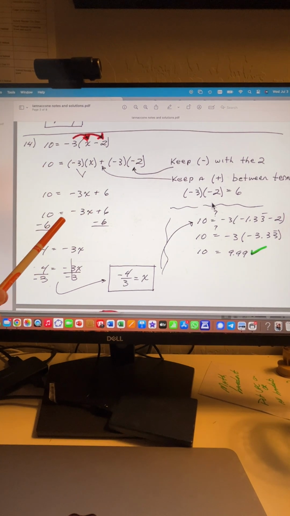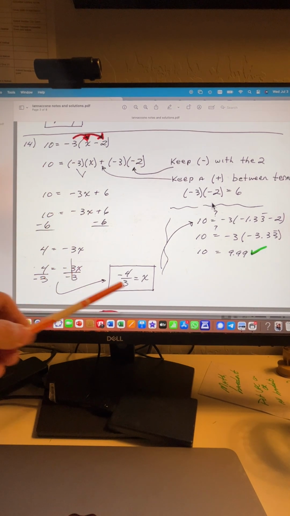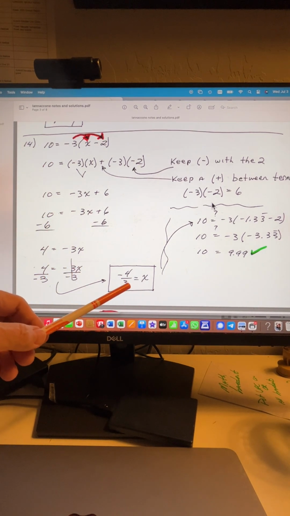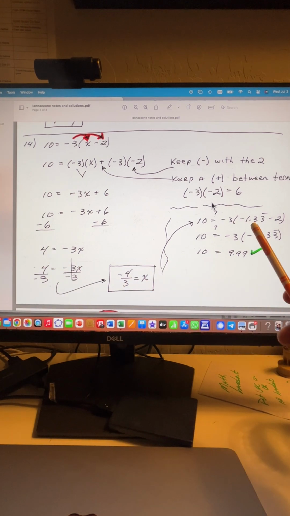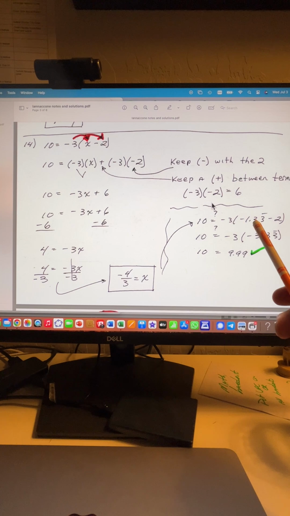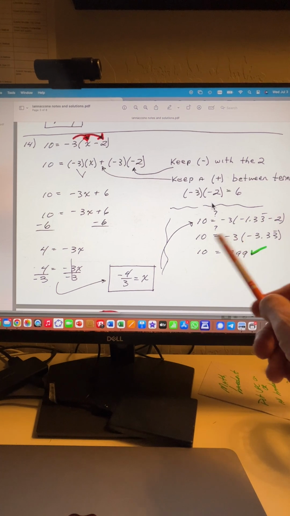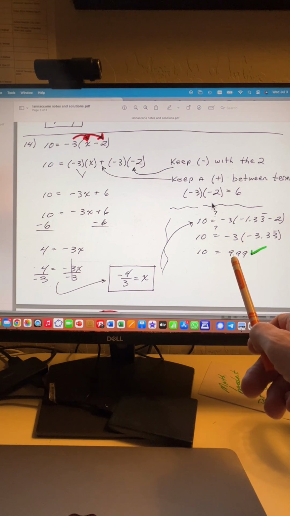So then we solve it same as the last couple, and then we get -4/3. Now, when I go to check it, I could have put in -4/3, but because I'm checking it, I'm going to just put -1.33, just a couple of decimals there. So if you go through and you're solving it, you multiply by 3, I get 9.99, which is close enough for checking it.